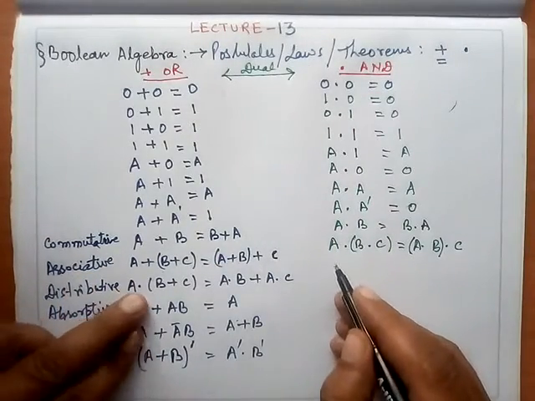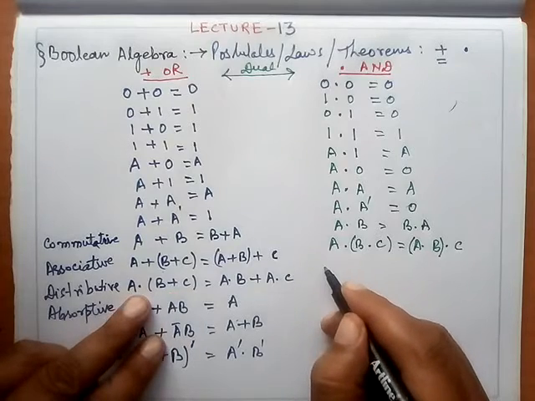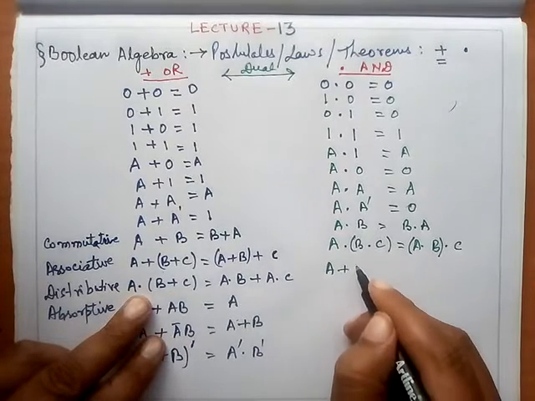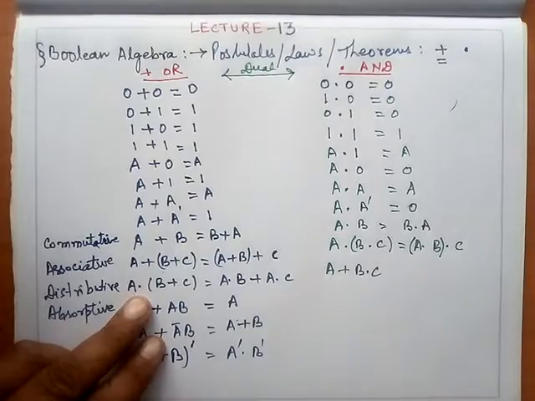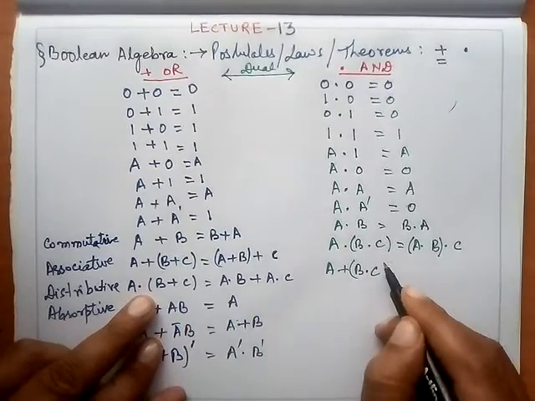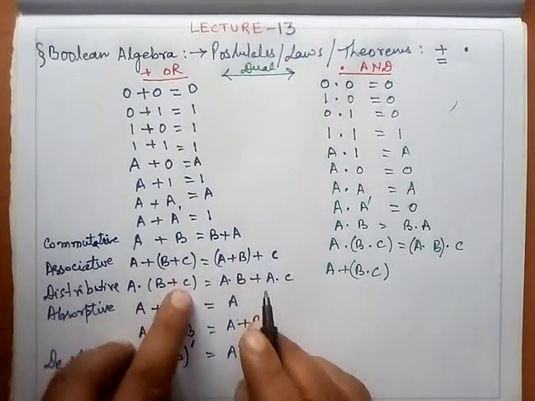Then see, A dot B plus C. What I'll do? A plus B dot C. I'm interchanging the dot and plus here.